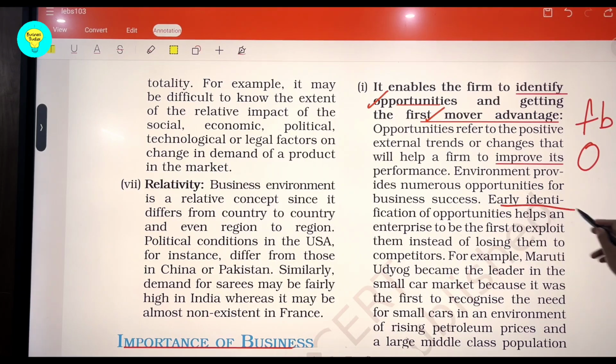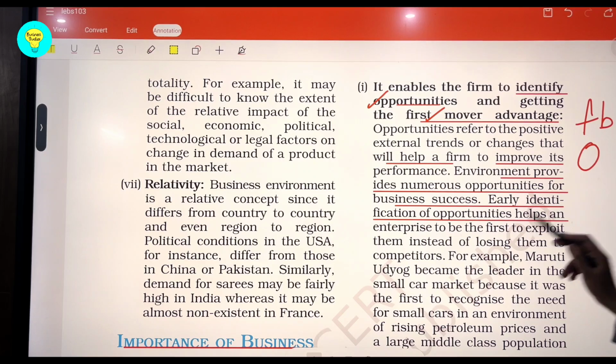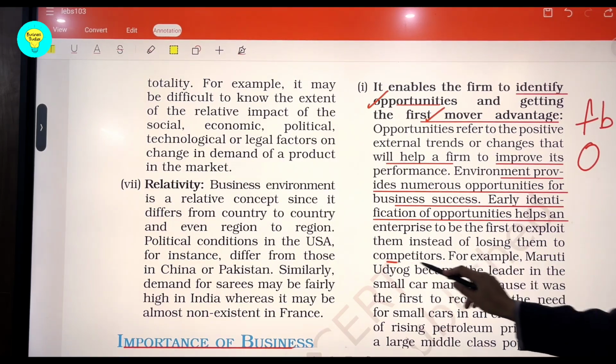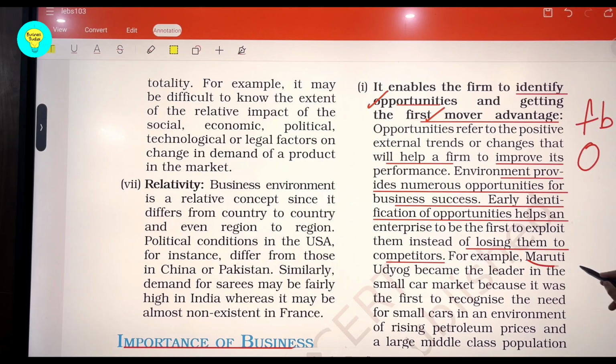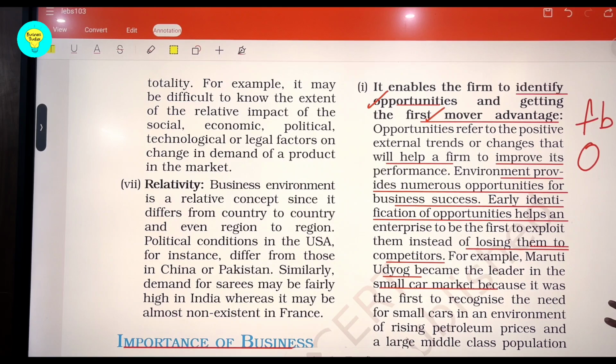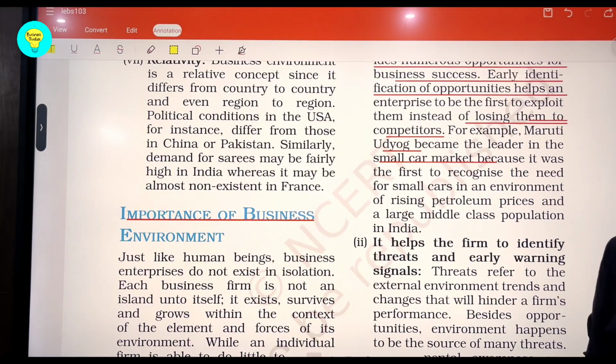Early identification of the opportunities helps an enterprise to be the first to exploit the market instead of losing them to their competitors. Maruti Udyog's example has also been taken, how they have been a leader in the small car market. So these are the points, students, from where the case studies can be formulated. So you should read these lines carefully.